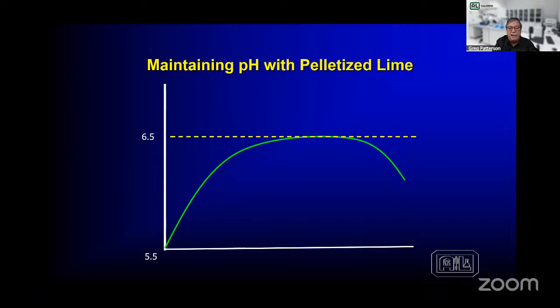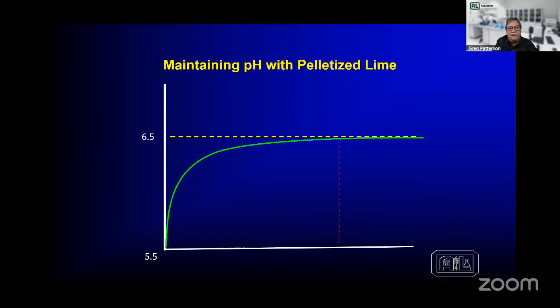If you have to lime a field, and not everybody does, but if you have to apply lime to a field, you should have a maintenance program where you go into that field on a regular basis, maybe after harvest, and you broadcast apply a granular lime to that field to just continually maintain the pH.